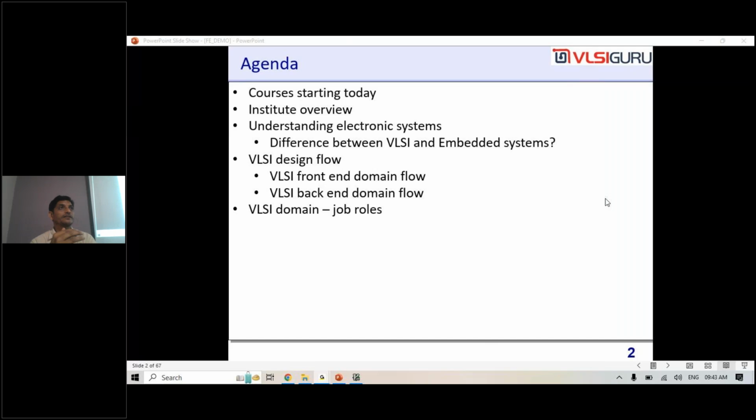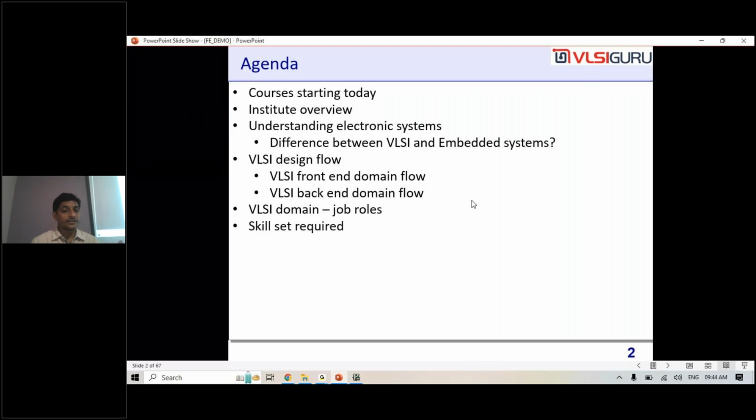After that, if you feel that it's not the right course for you, we'll always give you the option to switch to another domain. In that whole process, you're not going to miss anything. When you rejoin into some other batch, you join the following batch.